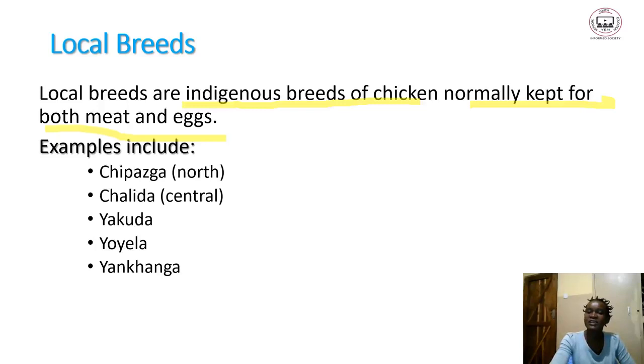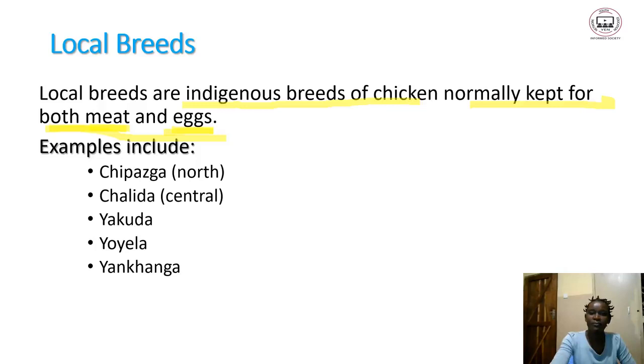And most of the times, if we have a dual purpose breed, meaning we may get two products out of them, most of the times it will compromise in terms of quantity. We may have less meat production as well as even less egg production.